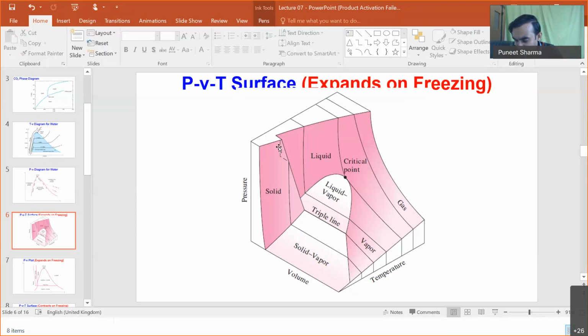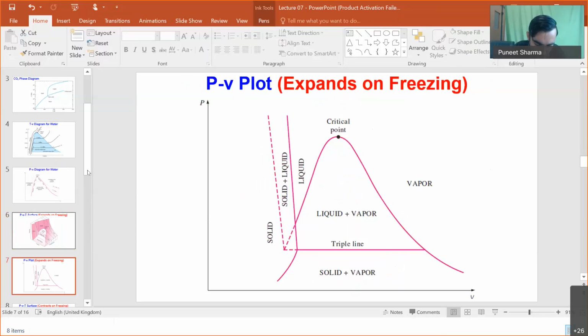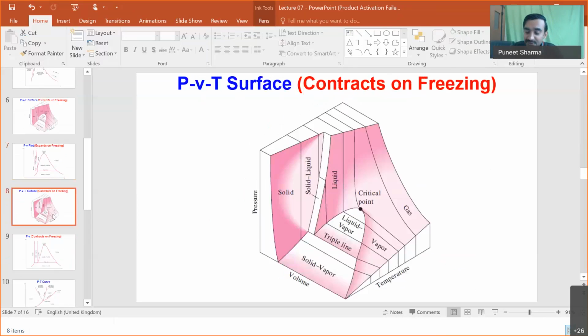Is it okay? Yes, sir. Now if I move to my PVT surface for fluids which contract on freezing, there you can clearly see that your liquid phase is towards the right and the solid phase is on the extreme left.